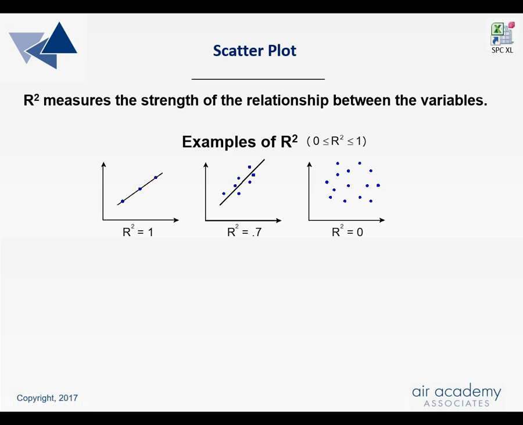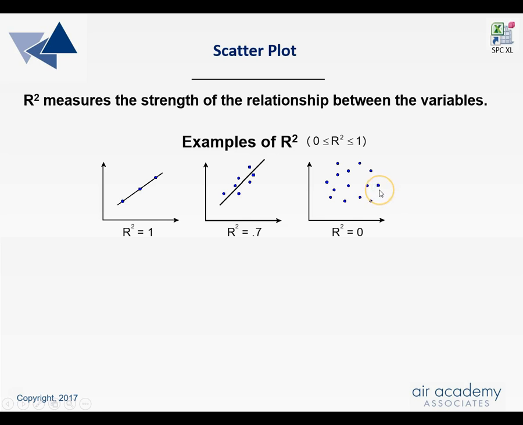In other words, all of the data points lie exactly on the line or curve. An R-squared of 0.7, the points are not on the line or the curve, but they're close. The scatter is pretty tightly clustered around the curve or the line. When you have an R-squared of 0, that's basically a glob of data. It doesn't matter what kind of line you put through there.